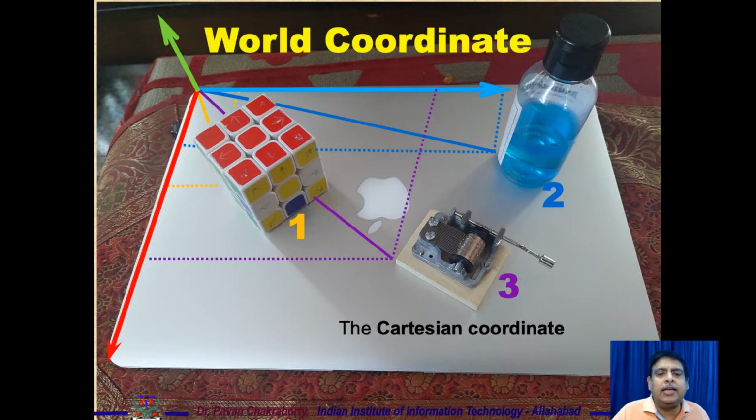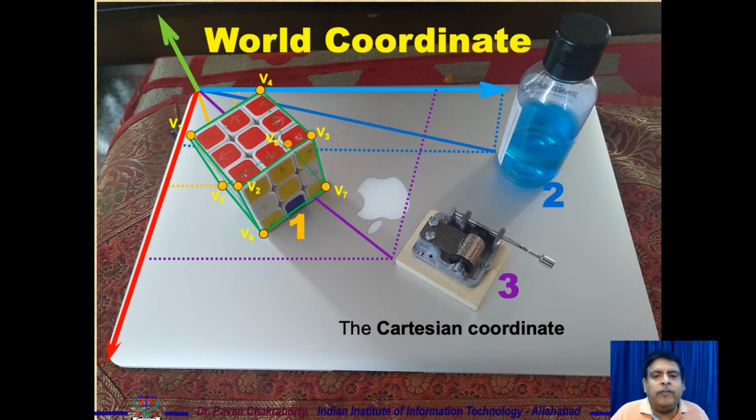Now if I mark the Rubik's Cube, let me take the first object and mark the vertices, or just the corners, of this Rubik's Cube to represent this cube. I'll have V1, V2, V3, V4, V5, V6, V7 and V8 coordinate systems, and this forms my skeleton model of the cube.